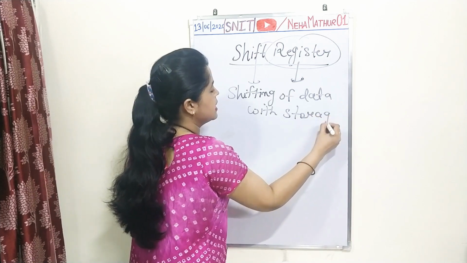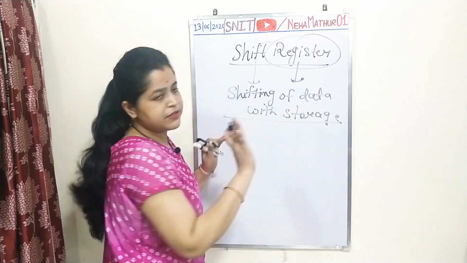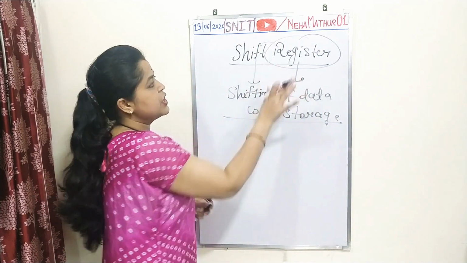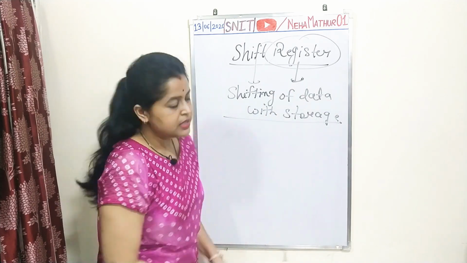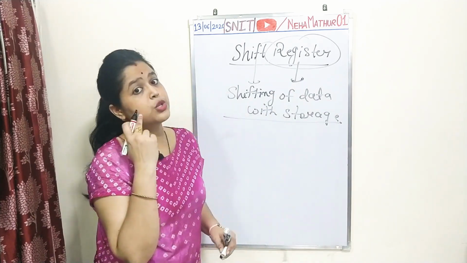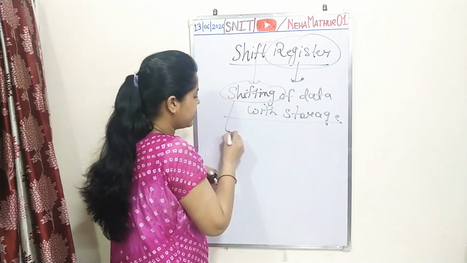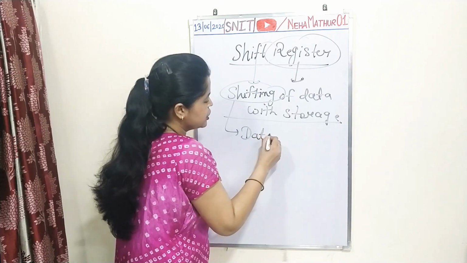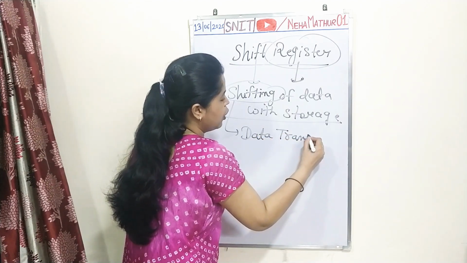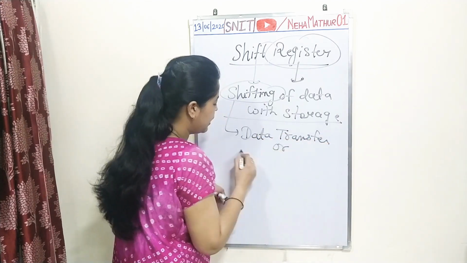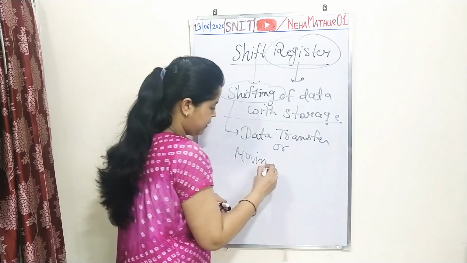That single statement is itself sufficient to define shift register: a register able to store the data and shift it, and shifting is nothing but data transfer, or the moving of data.